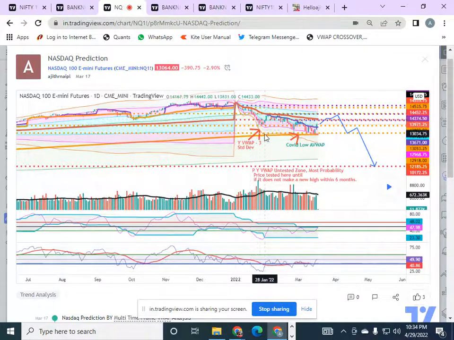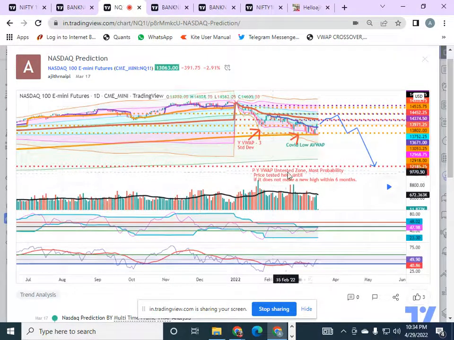This is the yearly view of the -3 standard deviation line, and this yellow color represents the COVID low anchored VWAP. Based on the price structure and the multi-time frame VWAP structure, I expect the target to be the untested zone.